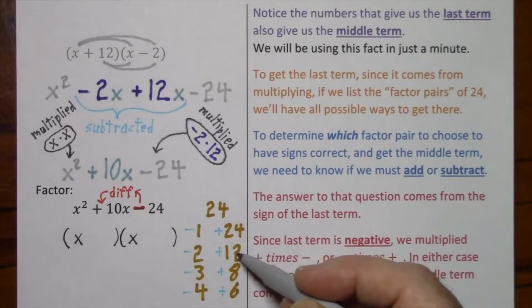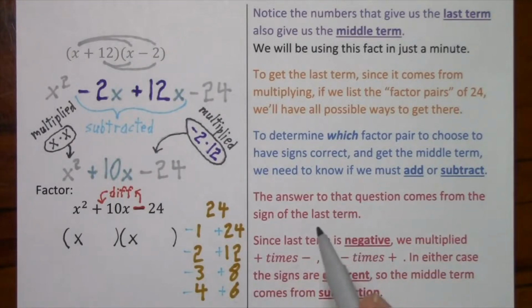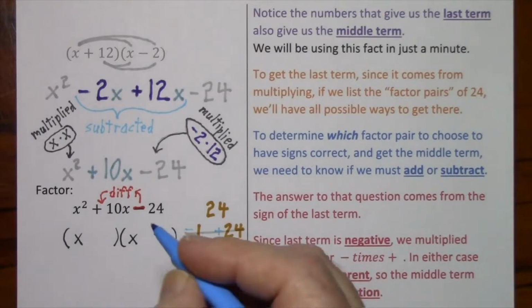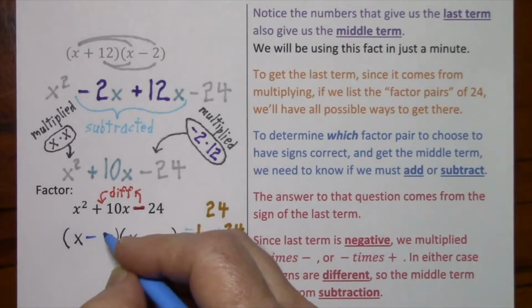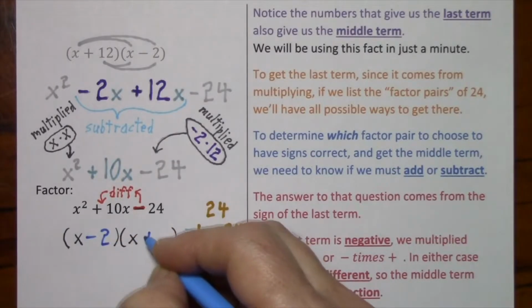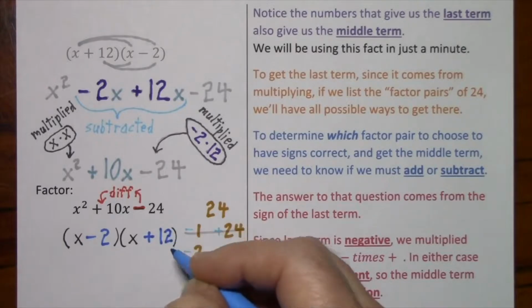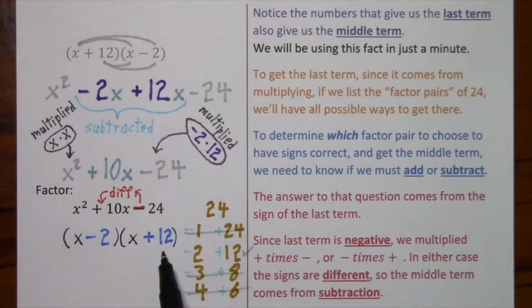So which factor pair will give us the positive 10? That won't work. This one will. This one will not, and this factor pair would not work. Once you select the correct factor pair, you merely plug it in. This is the factored form of our original trinomial.